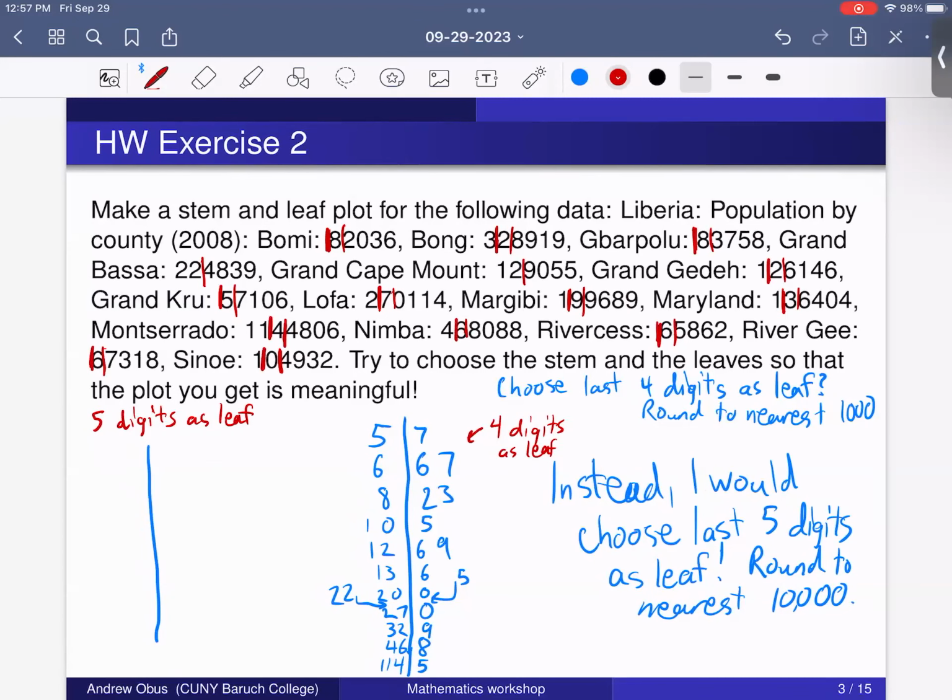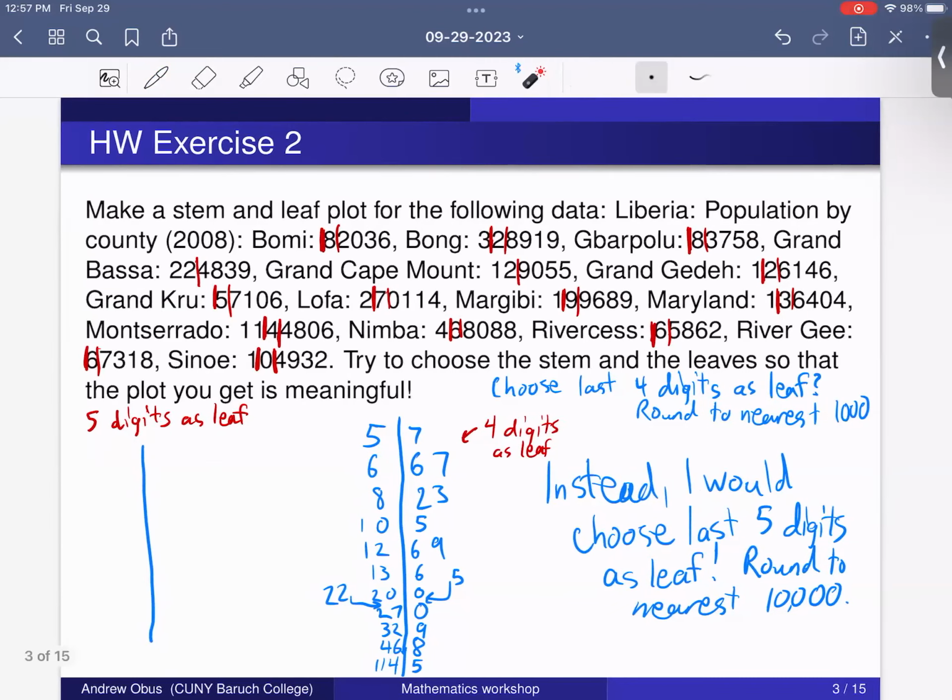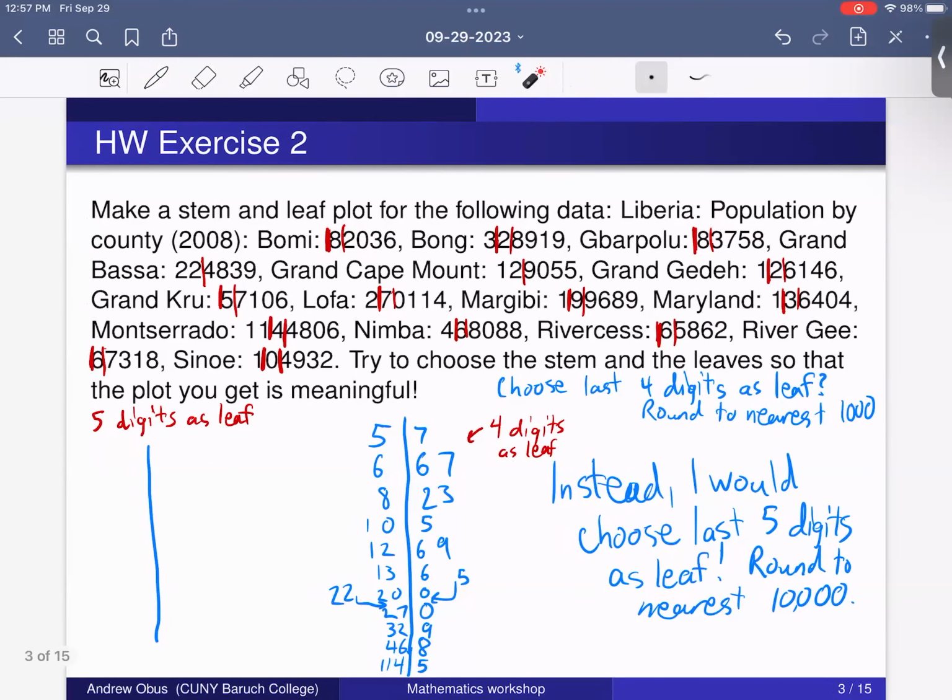And now what do I have? Well, I have a whole bunch of 5-digit counties. So if I'm choosing 5 digits as the leaf, then what's my stem for Bomi and Gwarpolu and River Ses and River G and Grand Cru? Well, what's my stem for those if I'm choosing the last 5 digits as a leaf?